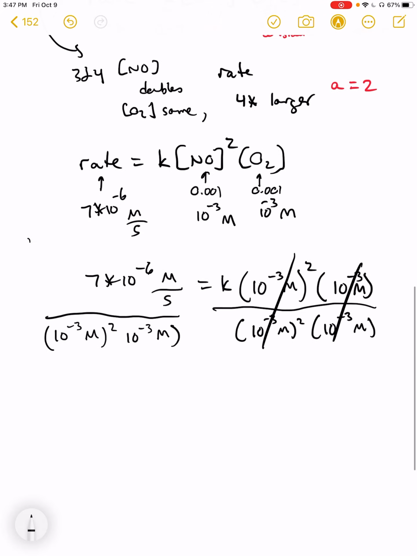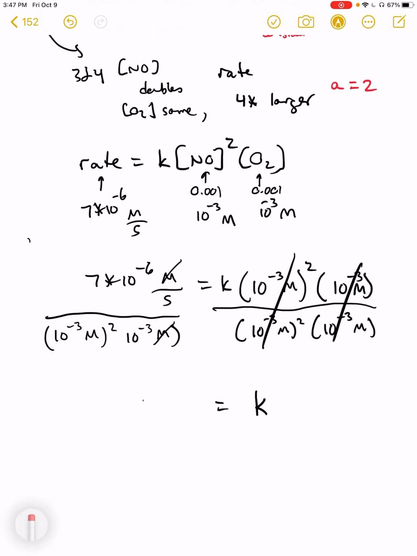And I will get my K. Now, if I cancel some units here, I can see that that molar is going to cancel with that molar. And then if I do the math to divide that, I'm going to get 7 times 10 to the third. I'm going to have a molarity squared in the denominator.